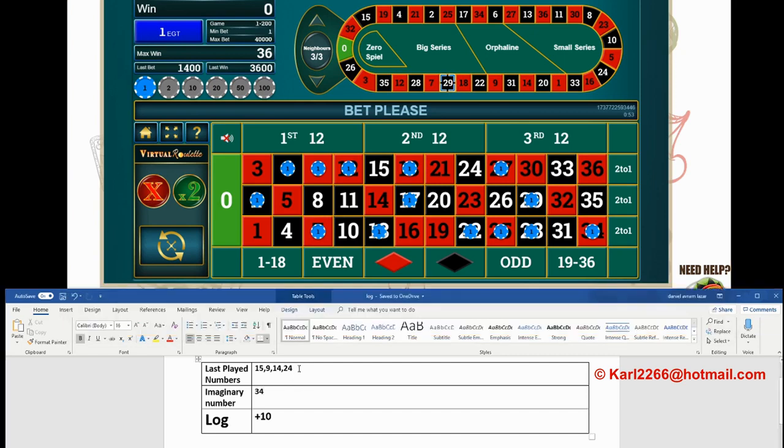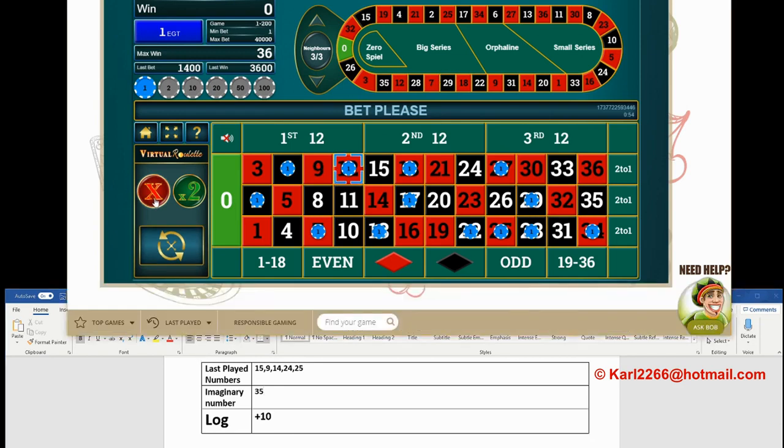Okay, after 24 as winning number, the new winning number is 25. Okay? So what do we do now when we got 25 and logarithm plus 10? We have a new imaginary number, which is number 35, because 25 plus 10 is 35.